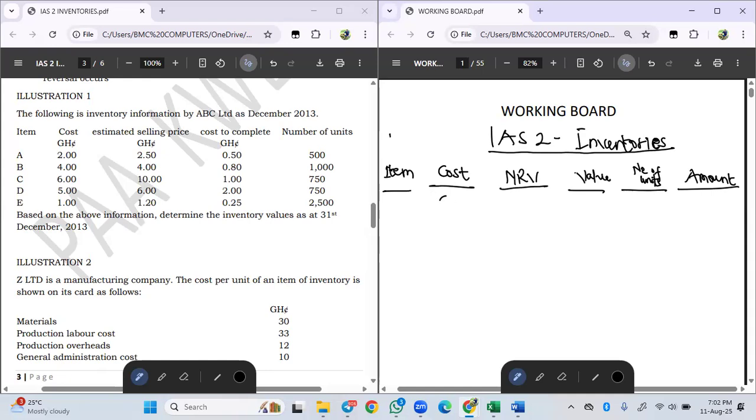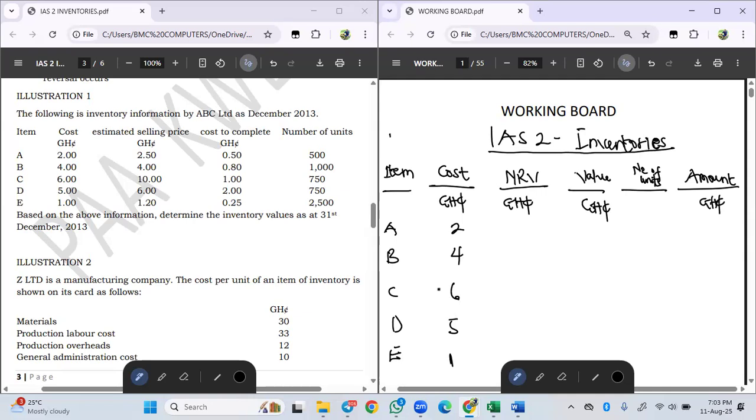Okay, so we have A, B, C, D, and E. The costs we have are 2 cedis, 4 cedis, 6 cedis, 5 cedis, 1 cedi.